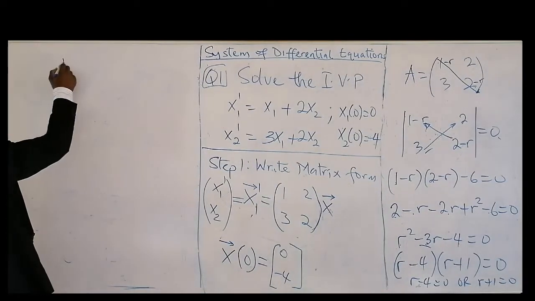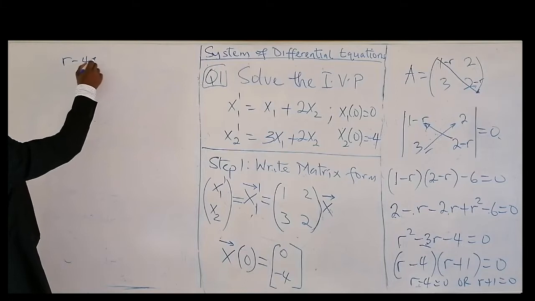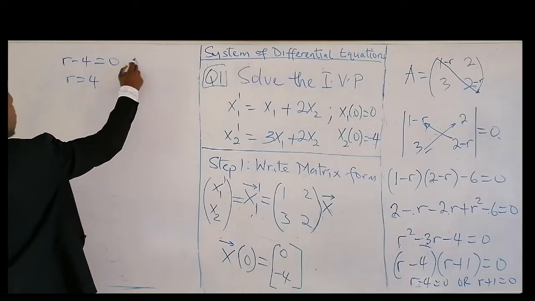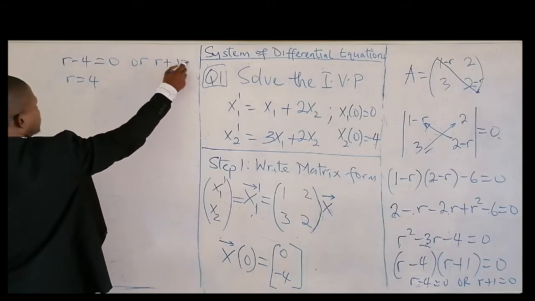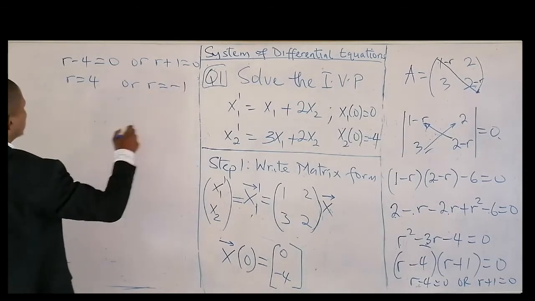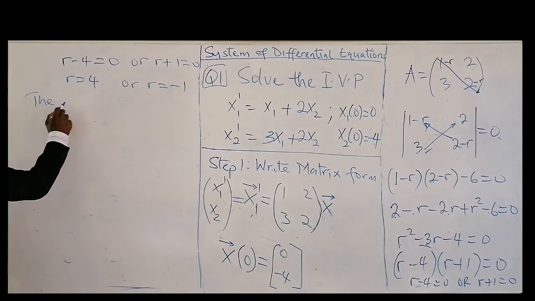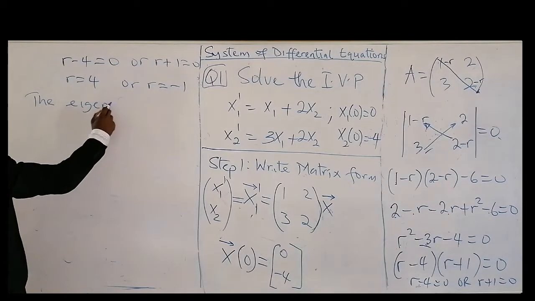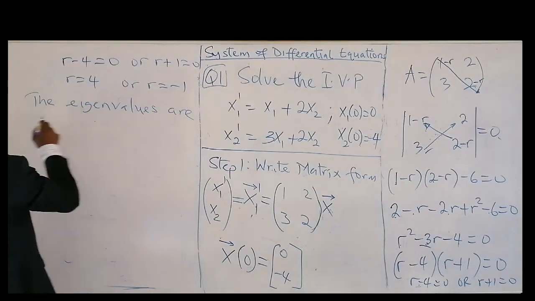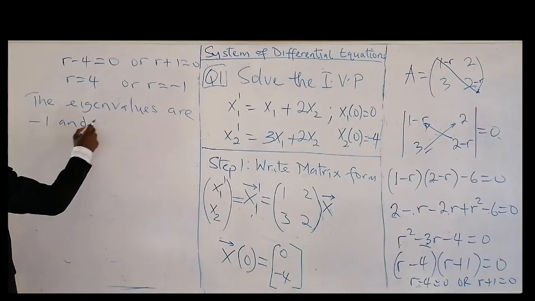Then r minus 4 equal to 0 gives r equal to 4, and r plus 1 equal to 0 gives r equal to minus 1. So the eigenvalues are minus 1 and 4.